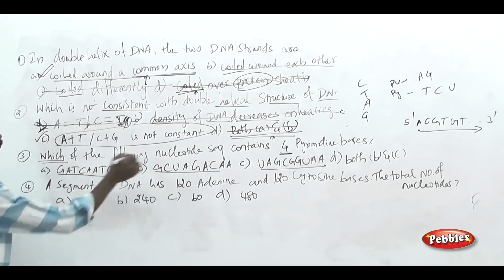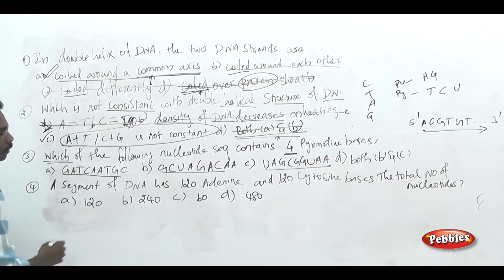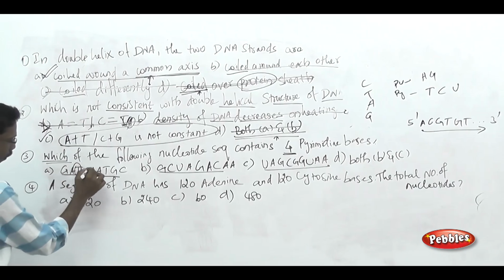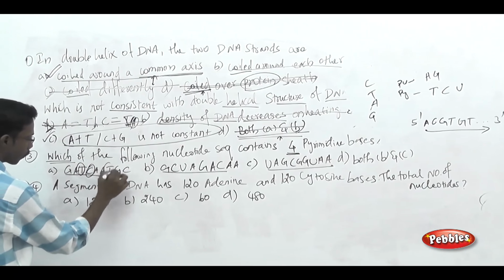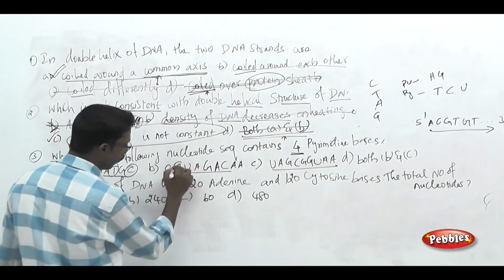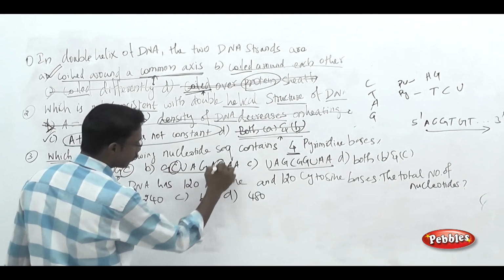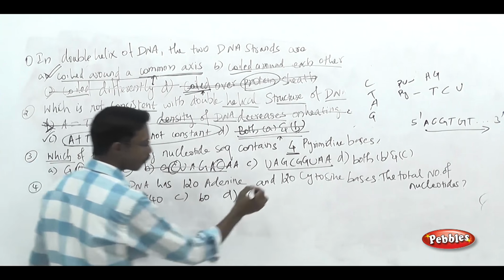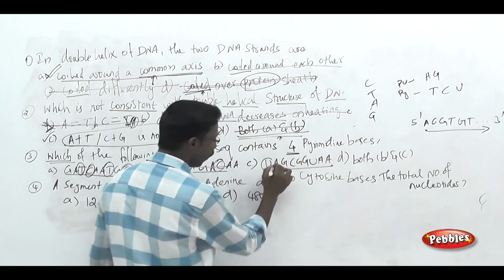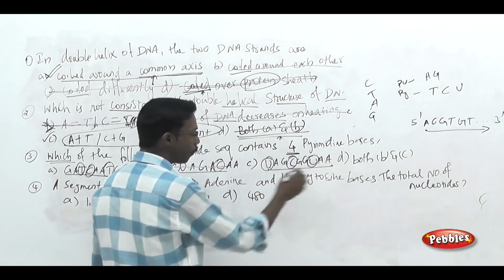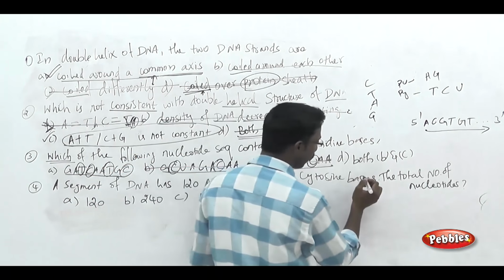So over here, what are the pyrimidines? Thymine, cytosine and uracil. Thymine, cytosine, thymine, cytosine. Okay, over here cytosine, cytosine. Only 2 pyrimidines are present, so this is not a choice. Over here uracil, cytosine, uracil, only 3 pyrimidines are present, so this is not a choice.